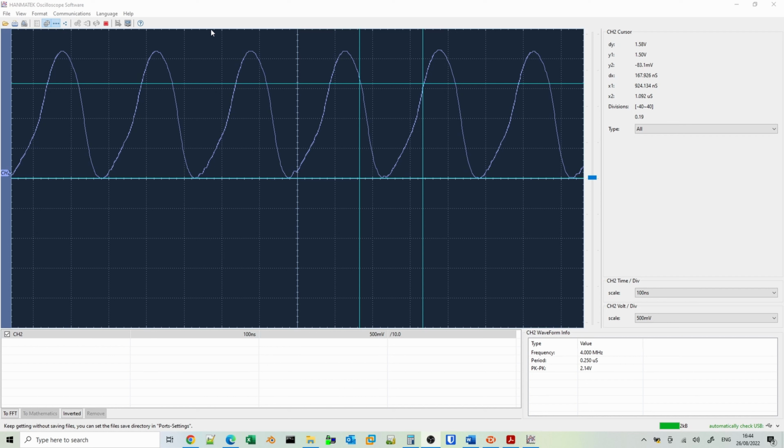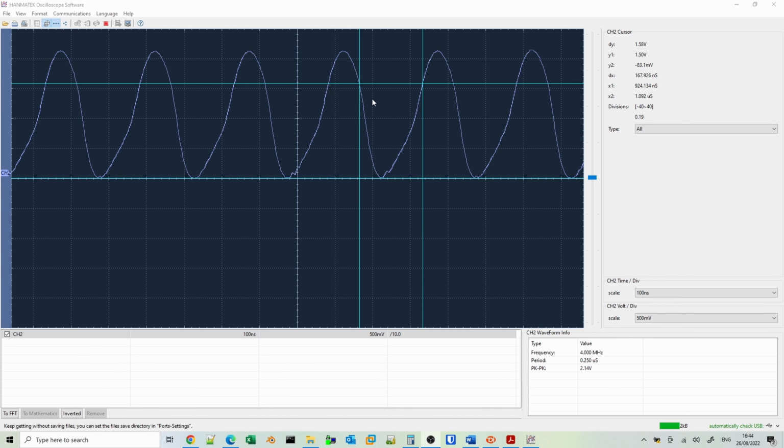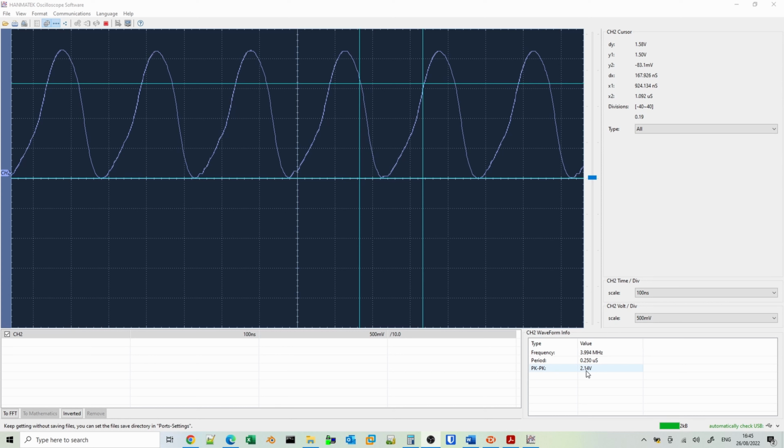So what I have here is the oscilloscope software for my Hantek DOS 1102 oscilloscope, and what this is showing is one of the clock signals, and we can see down the bottom here a 4 megahertz signal. The period is 0.250 microseconds, so 250 nanoseconds, and the peak to peak signal is just over 2 volts.